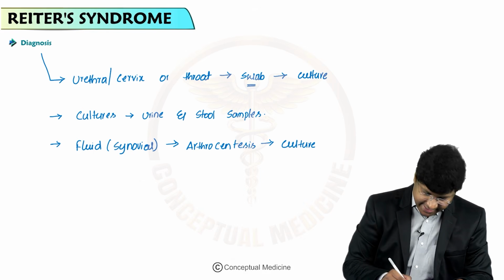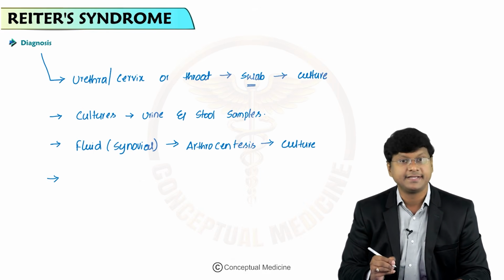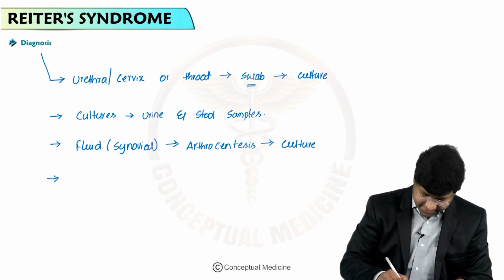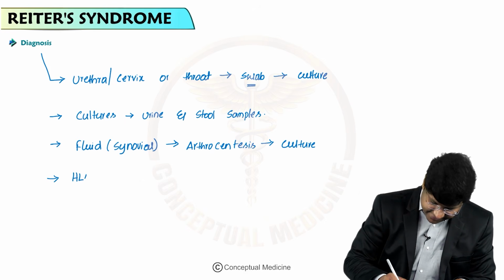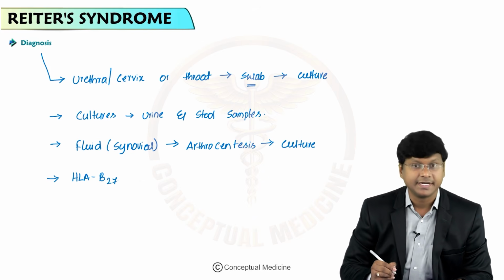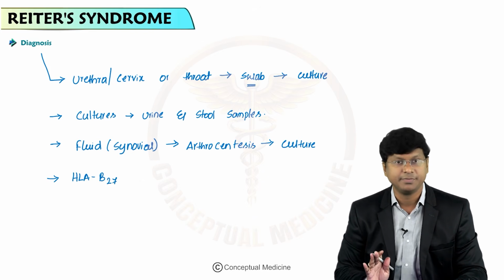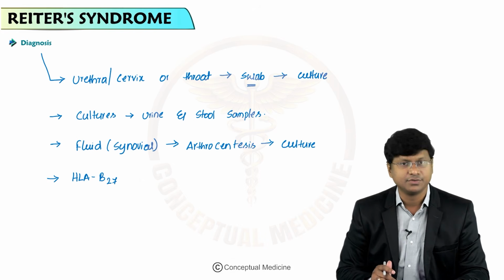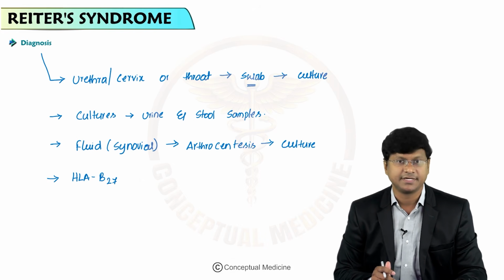Next, a blood test for the genetic marker HLA-B27 may also be performed. So this is how you will diagnose Reiter's or reactive arthritis.